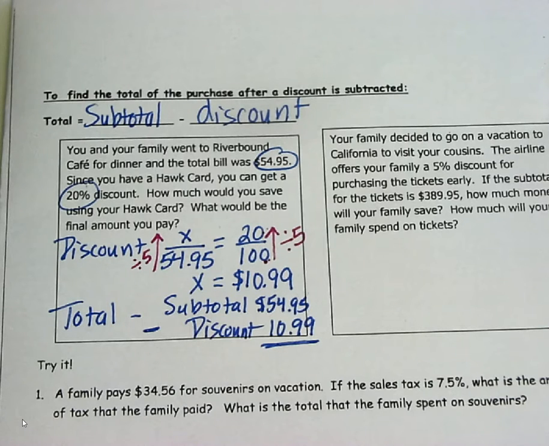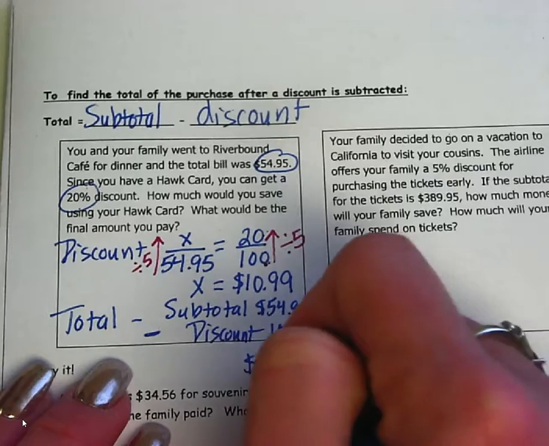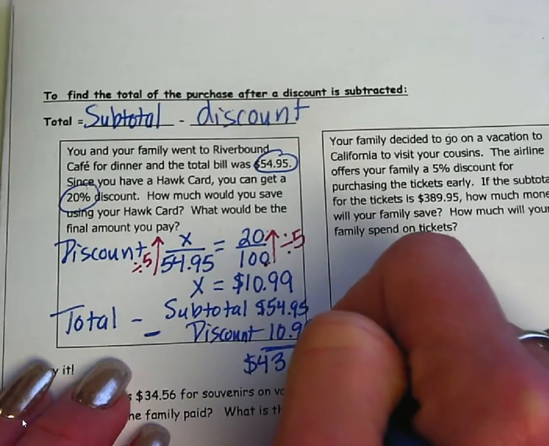So be really careful with these problems and look closely. If it's asking for a discount, you're going to subtract. If it's giving you a tax or tip problem, you're going to add on. So what's the answer? How much?